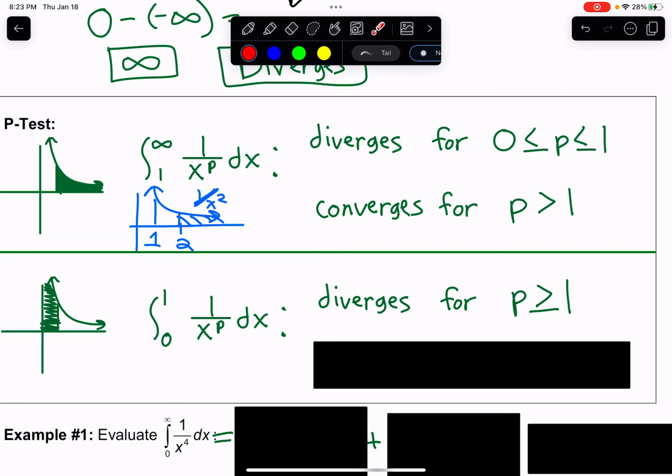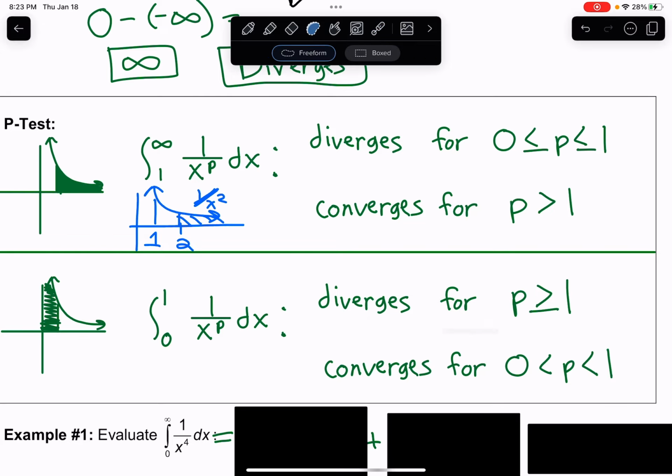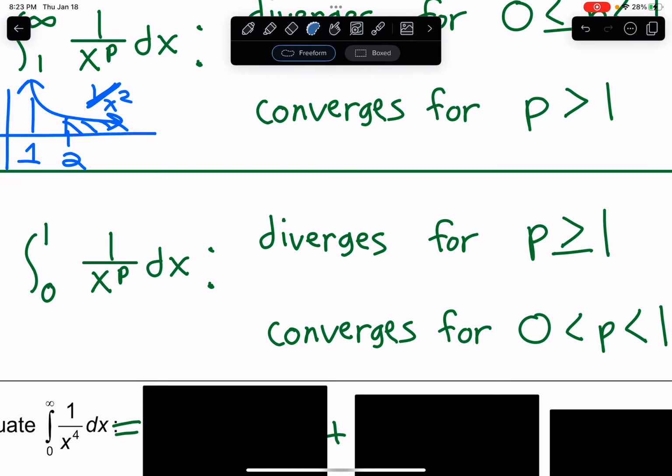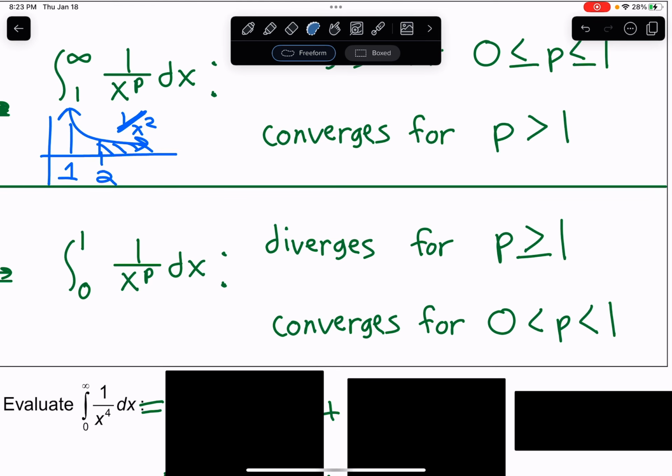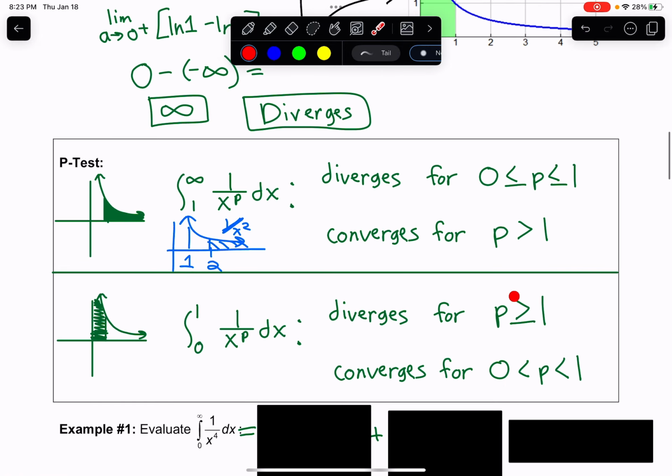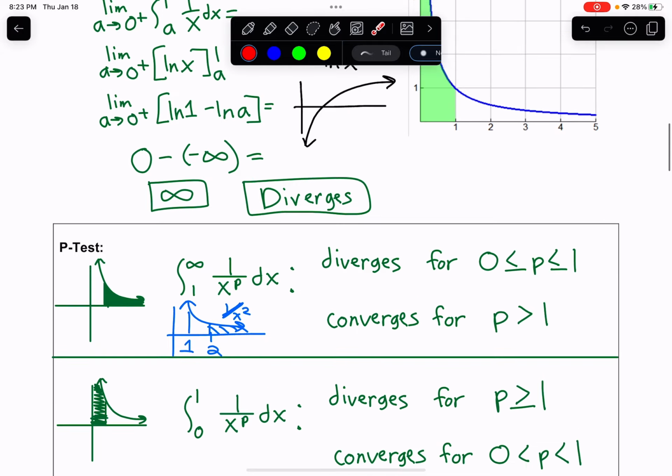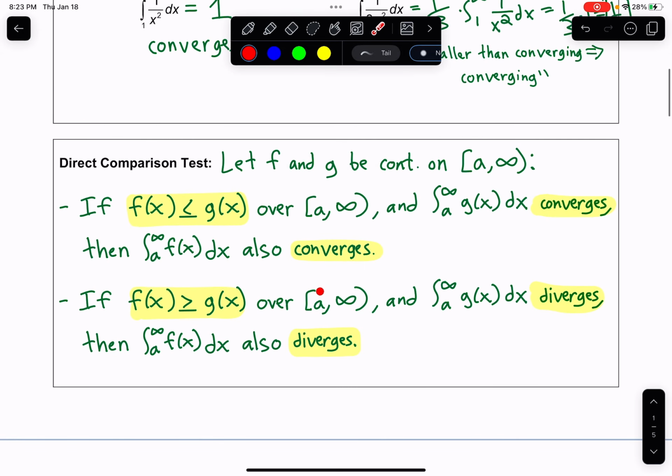And then converging is for the values between 0 and 1. Pay attention, there's no including here, there's no equal to on this one. The equal to is at p equals 1, not at 0 as well. So the p-test in combination with the direct comparison test are two very powerful tools that we have.